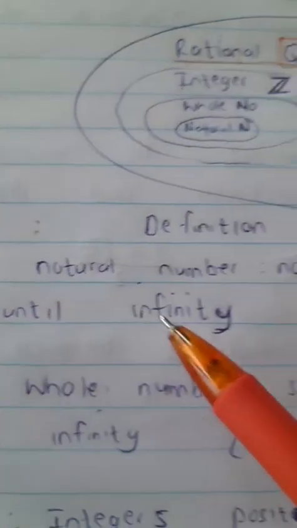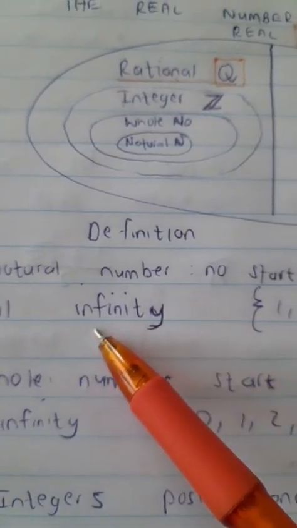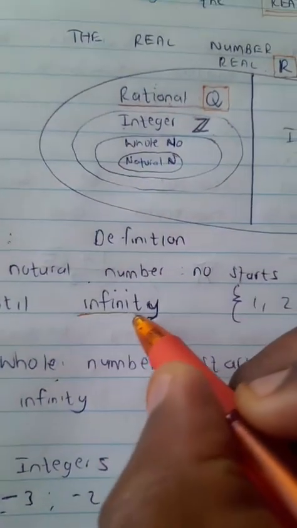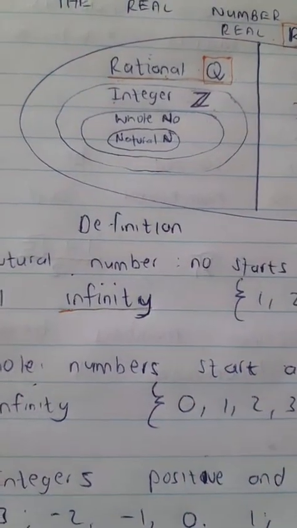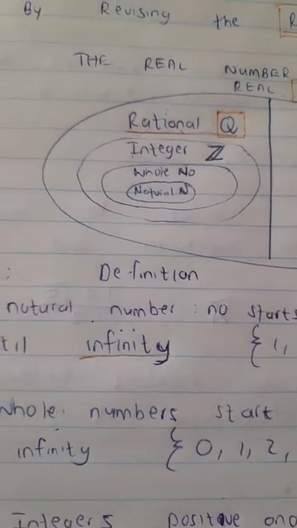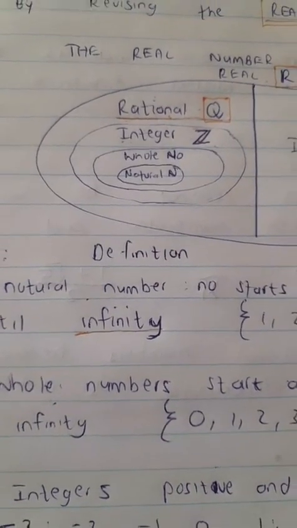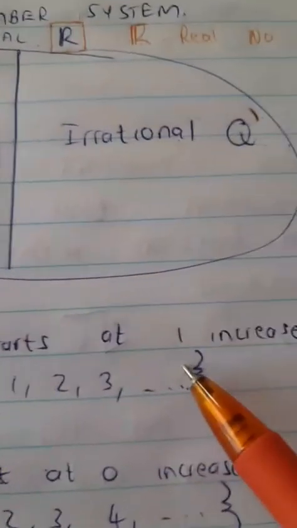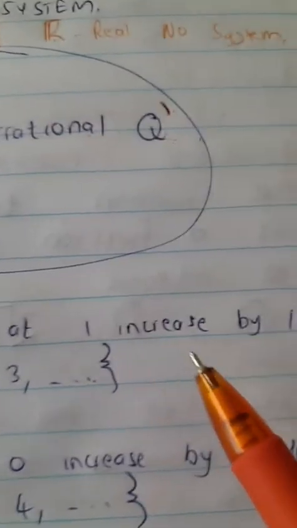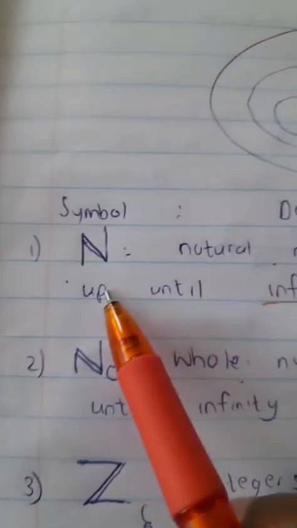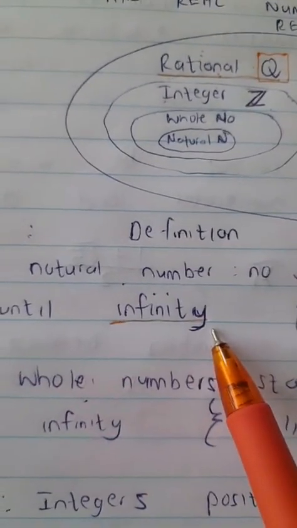Up until infinity. Now this word infinity simply means they go on forever and ever and never stop. So natural numbers, though they start at 1 and they increase by 1, they basically have no end.